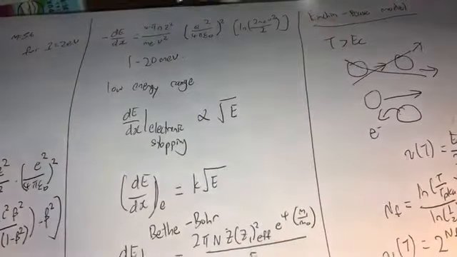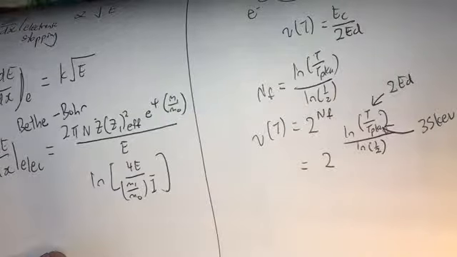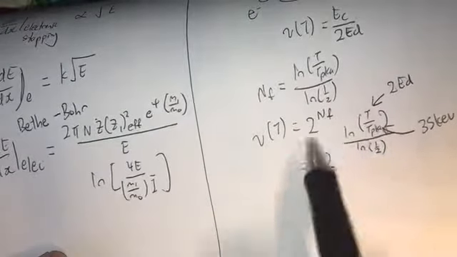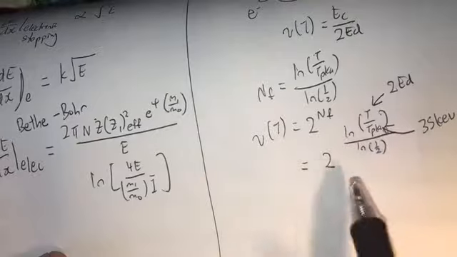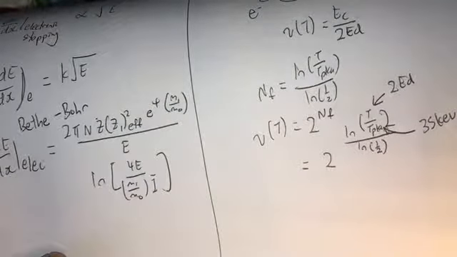Now that we have this, we will have to do some mathematical somersaults to get this into a simpler expression, because 2 to the power of ln of something just looks ugly.